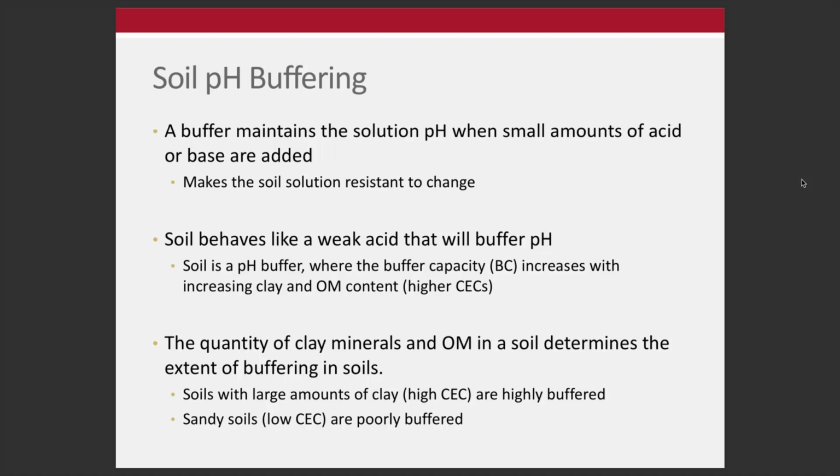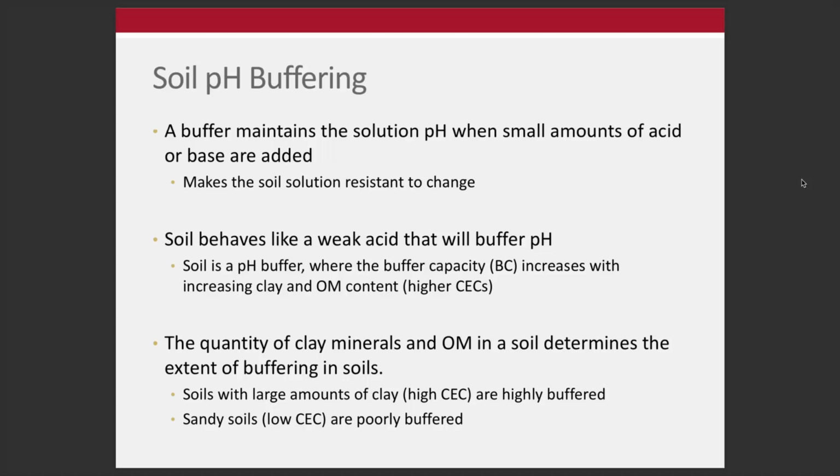So when some acidification event happens, or an event that's going to raise the pH, the extent of that pH change in the soil relates to the buffering capacity of that soil. It's more conceptual. We can measure it, but we think of it as a broad concept.